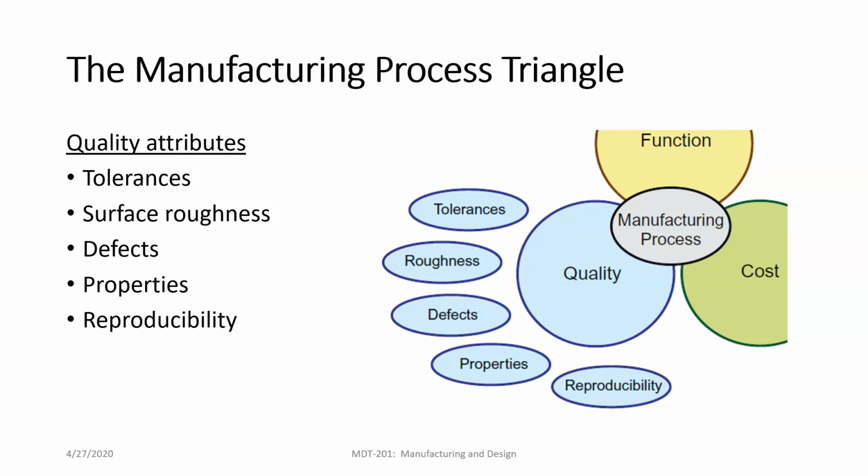CNC or machining in general is extremely reproducible. That means if we make 1,000 parts on the same machine, those 1,000 parts are going to behave more or less identically. They're going to have material properties and functional properties that are more or less identical, if it's produced to print.